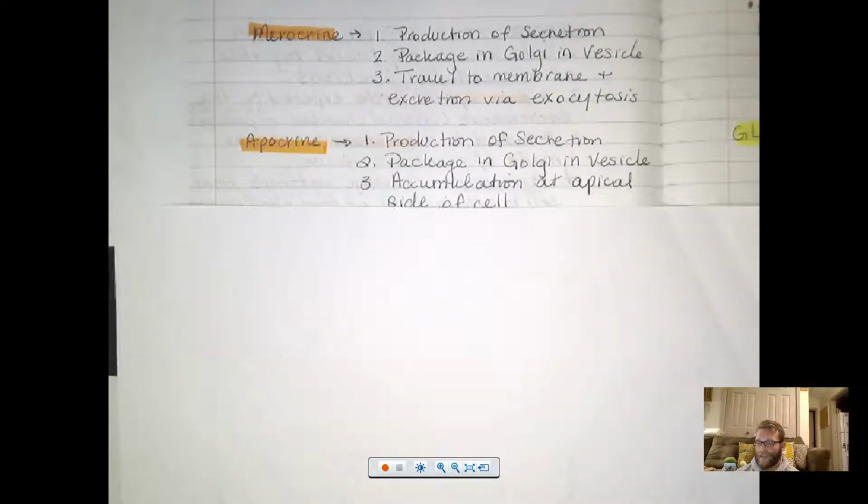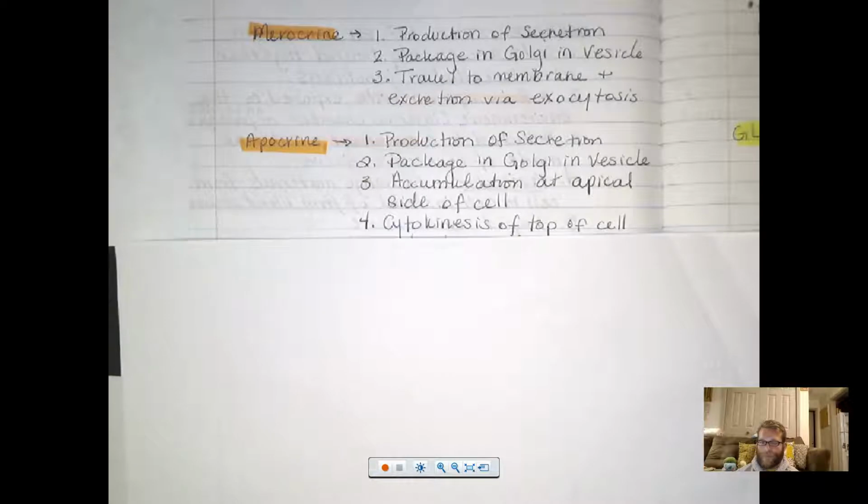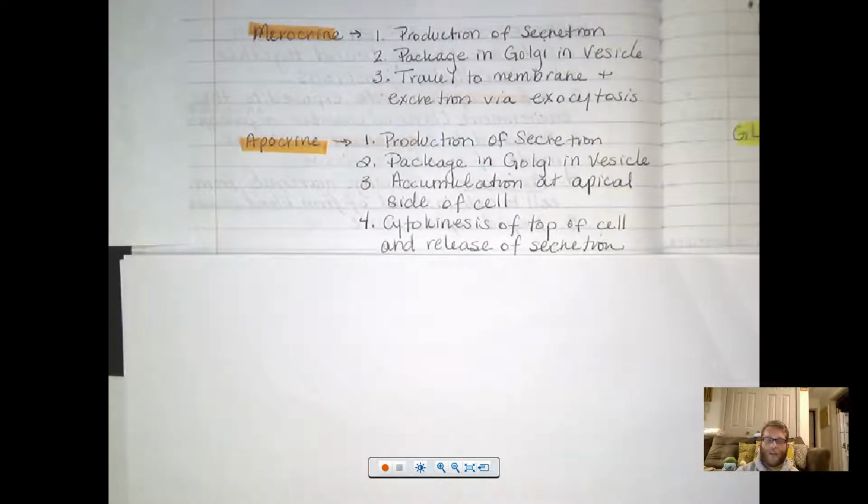Alright, so let's go to our second type. Alright, so apocrine. Remember, apocrine is where our cells are shedding part of the material. Okay, so you're not completely killing the cell, you're only taking off part of it. The cell can regrow and continue to produce materials necessary for secretion. So in order to have apocrine secretion, the first step that happens is your molecules are being produced by your cells.